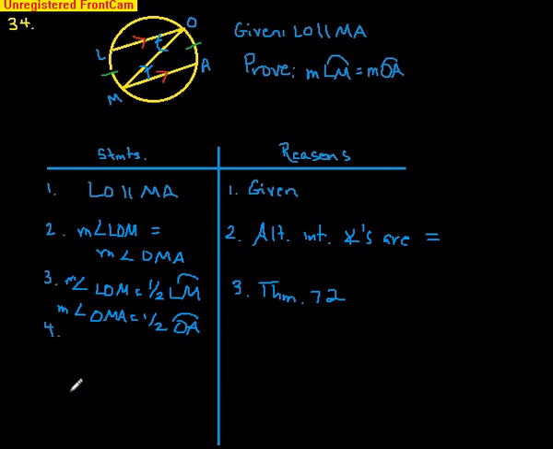So that's half of it. Now we can say, since these two are equal, then these two are going to be equal. So we can say, I guess we have 5 steps, half of arc LM equals half of arc OA. And these are the measure of.